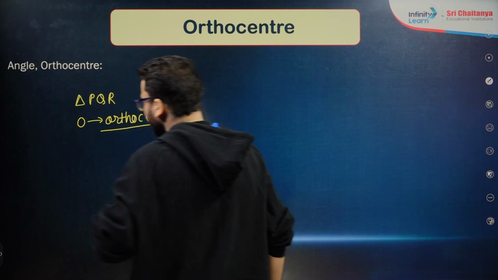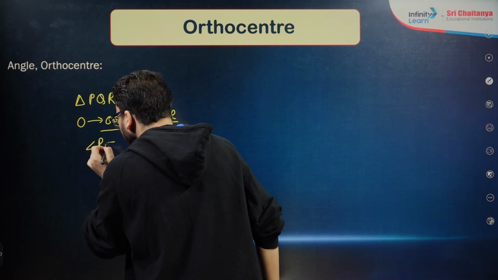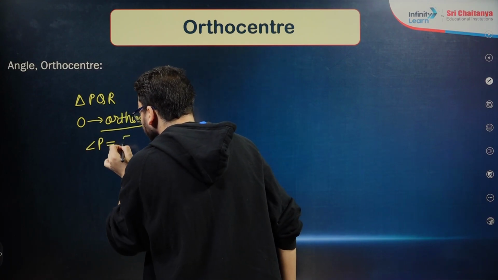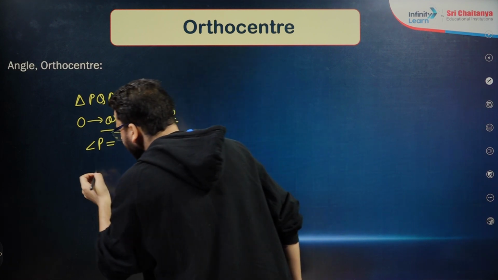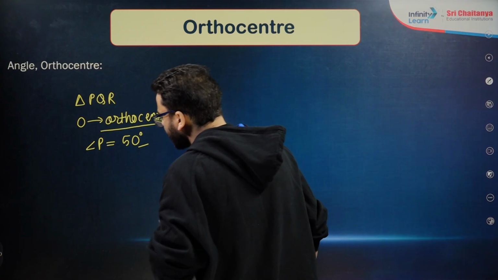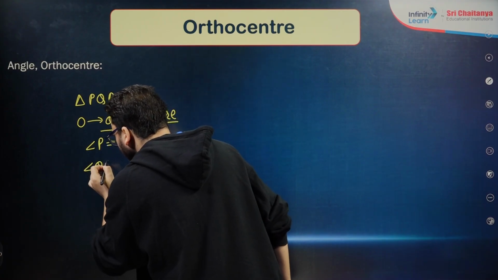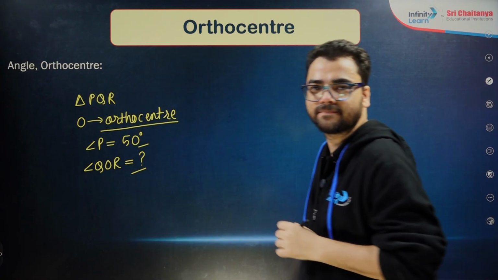O is the orthocenter, correct? And suppose angle P is given to us, suppose 50 degrees. And then they are telling you to find the value of the angle QOR. I hope you understand that.